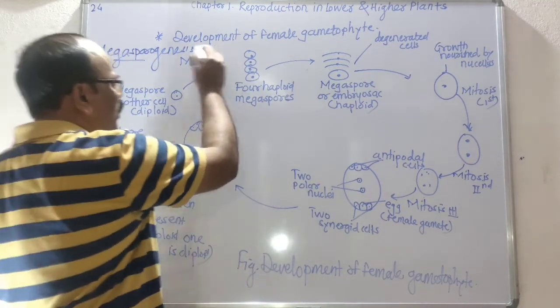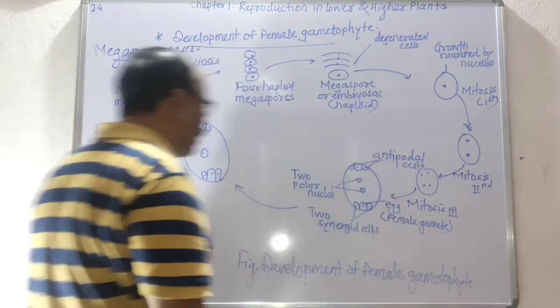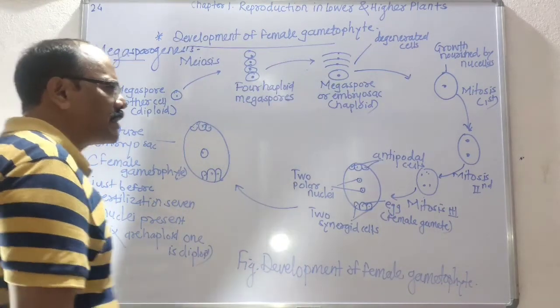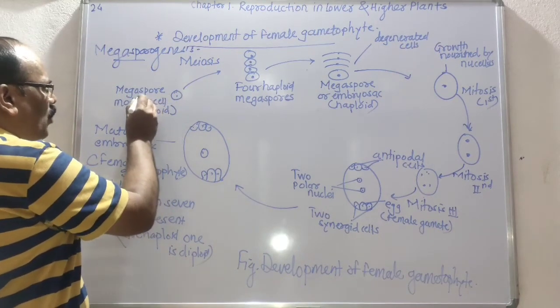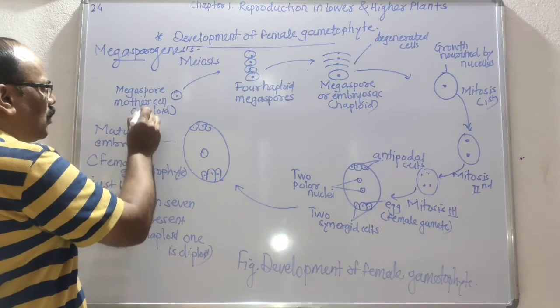Let's learn how the development of female gametophyte takes place. The development of female gametophyte takes place from the megaspore mother cell.